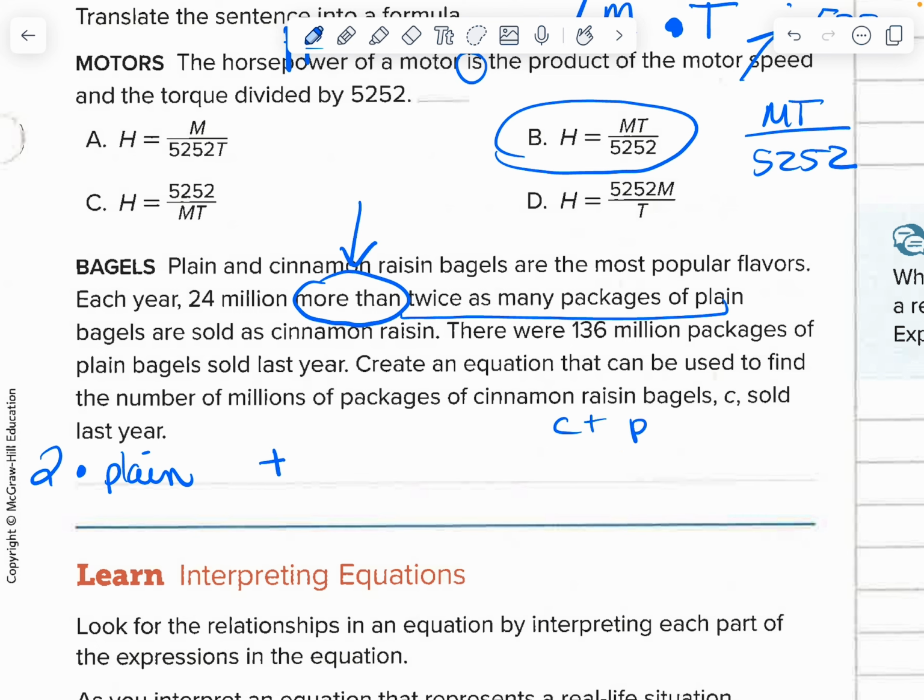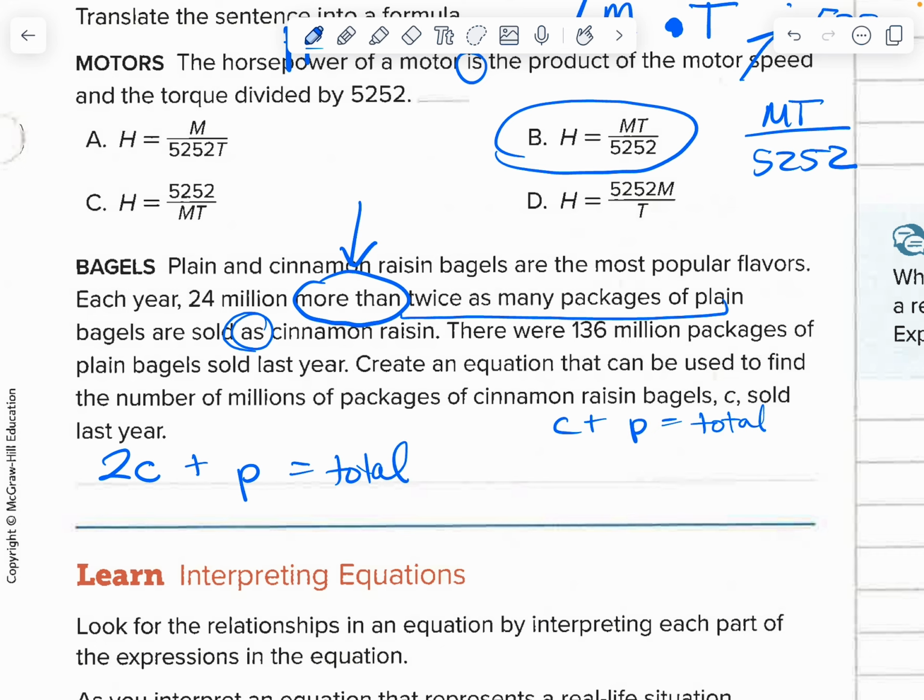Cinnamon plus plain equals total. I have to make sure I read this sentence correctly because I think I'm reading it incorrectly. So it says twice as many packages of plain are sold as cinnamon raisin. So twice cinnamon raisin plus plain is going to get us our total.